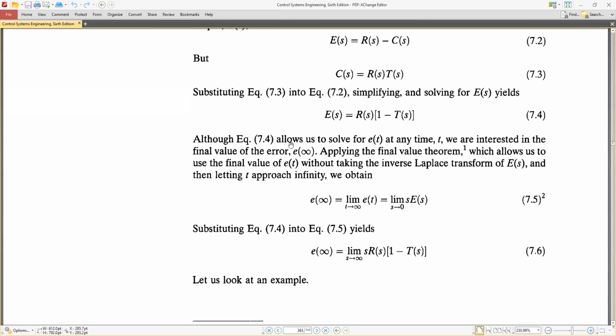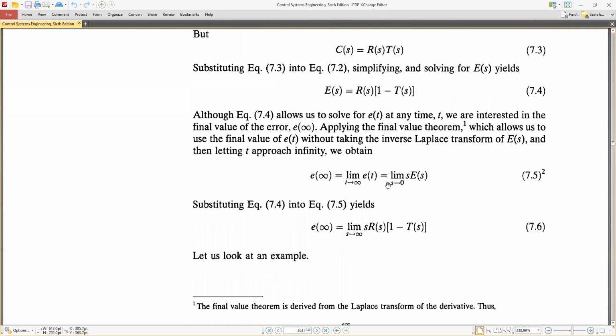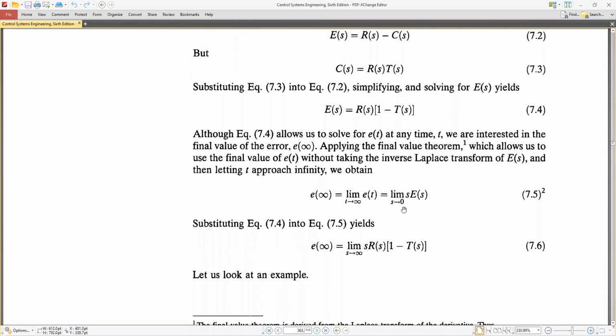Although equation 7.4 gives e(t) at time t, we can write it like this if we consider the limit t tends to infinity. This is called the final value theorem, which allows us to use the final value of e(t) without taking the inverse Laplace transform of E(s). So e(infinity) is the limit of s E(s).